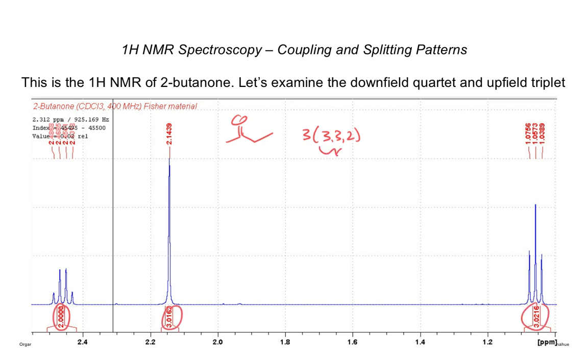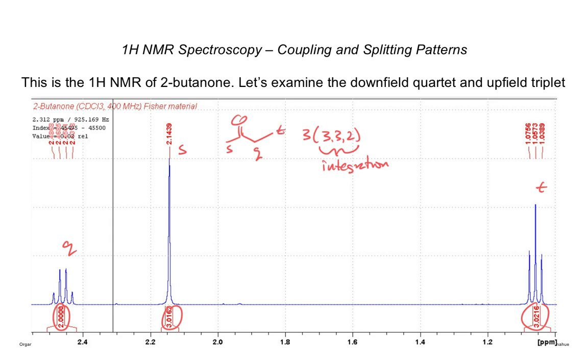So the ratio, again, we call it integration. And so let's just go through this and assign the multiplicities. So the singlet belongs to those CH3 hydrogens. The quartet integrates to 2, so that's the methylene, and then the triplet belongs to the methyl group there.